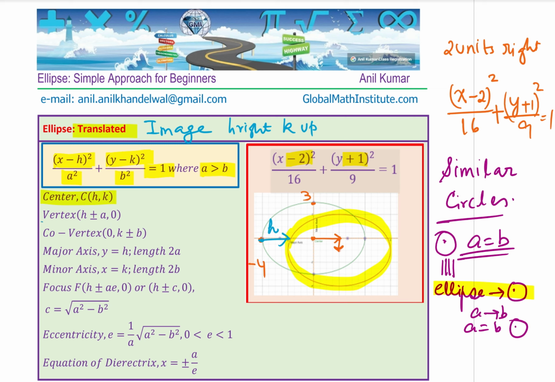And therefore, the vertex will be at h plus or minus A, whether it was left or right. So both have moved the same units to the right. So that is the whole idea, correct? So that is what has happened to the vertex when h is applied. As far as the co-vertex is concerned, it varies vertically, and therefore in that case we are adding or subtracting the k value to the y value. Makes sense, right?